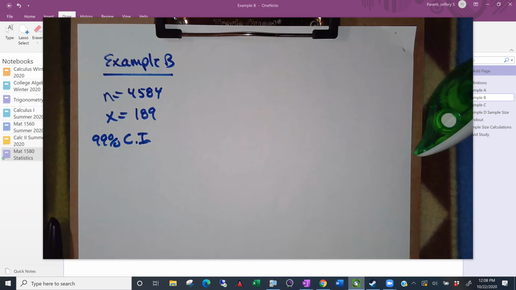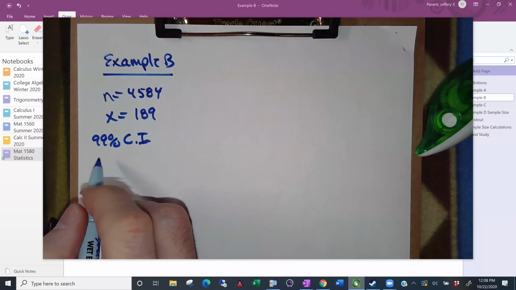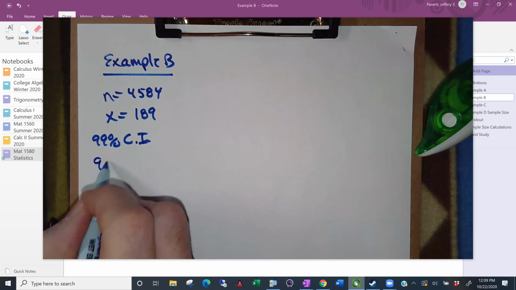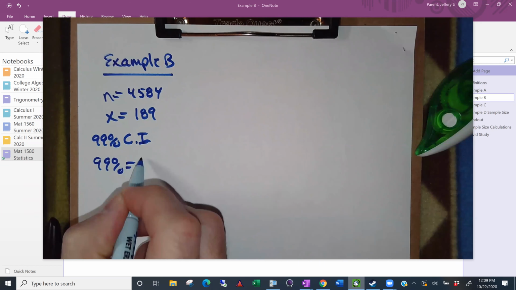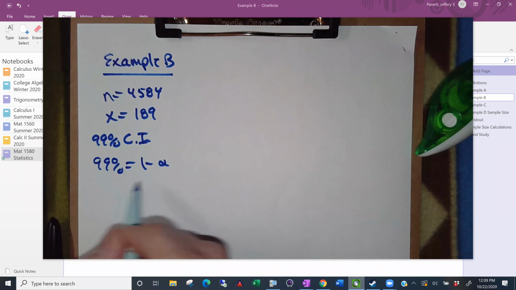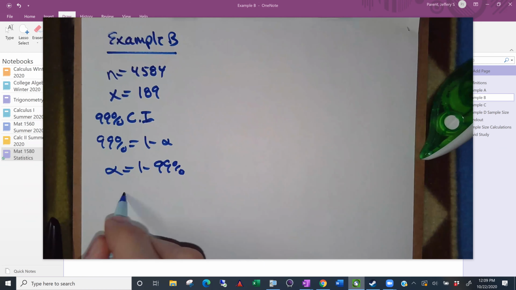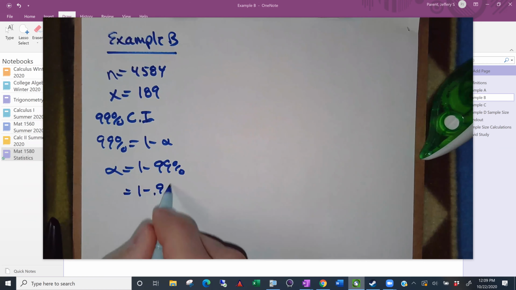So just for practice, if we have a 99% confidence level, 99% equals 1 minus alpha. Or in other words, alpha equals 1 minus 99%. What's alpha equal? 0.01.